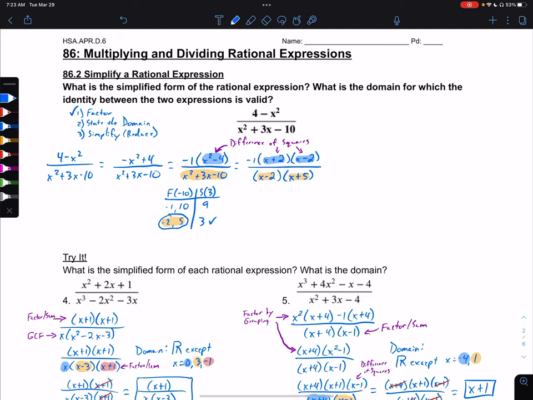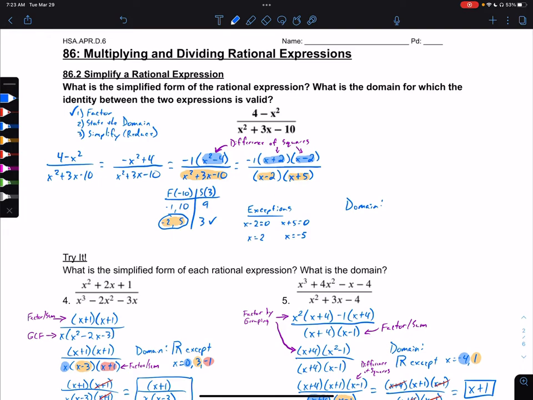We have factored. Now we're going to state the domain. Usually you can just look at it and see it, but I am going to list the exceptions and show the work so you see where everything comes from. We take x minus 2 equals 0 and x plus 5 equals 0. Solving each of these gives you your exceptions.